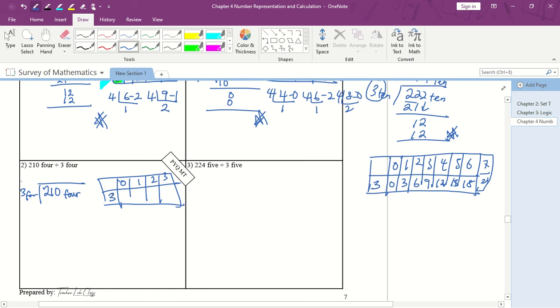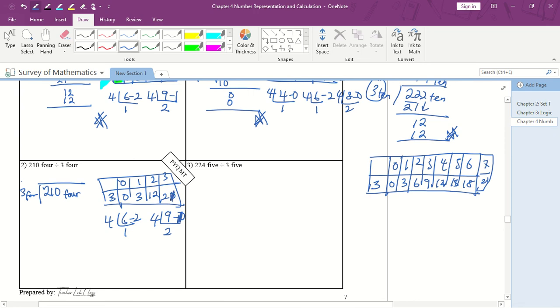Okay, so 0 times 3 is 0, 1 times 3 is 3, 2 times 3 is 6, and we need to change it to base 4, so it will become 1, 2. 3 times 3 is 9, and we need to change it to base 4, it will be 2, 1.